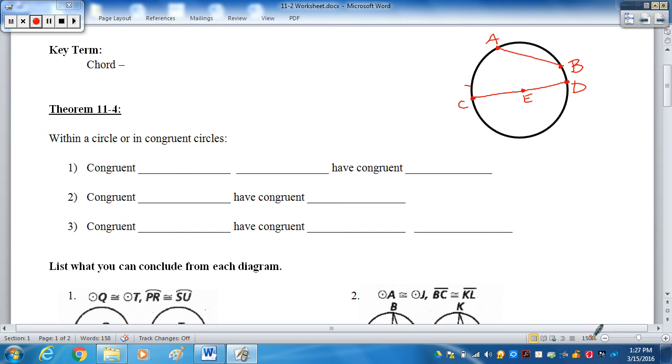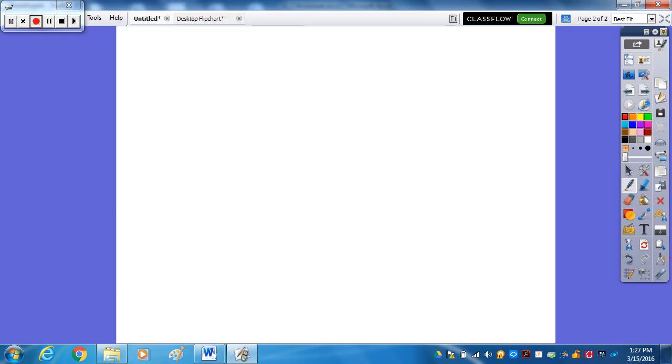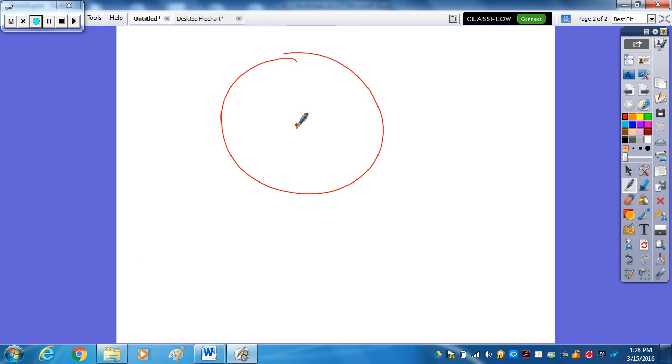Before we get into the three concepts that will be true dealing with chords, you need to review something that we talked about a while ago, back in chapter 7, I believe. If I draw a circle and label the center of that circle, and let's say I draw in a 90-degree angle, what do we know about this arc?